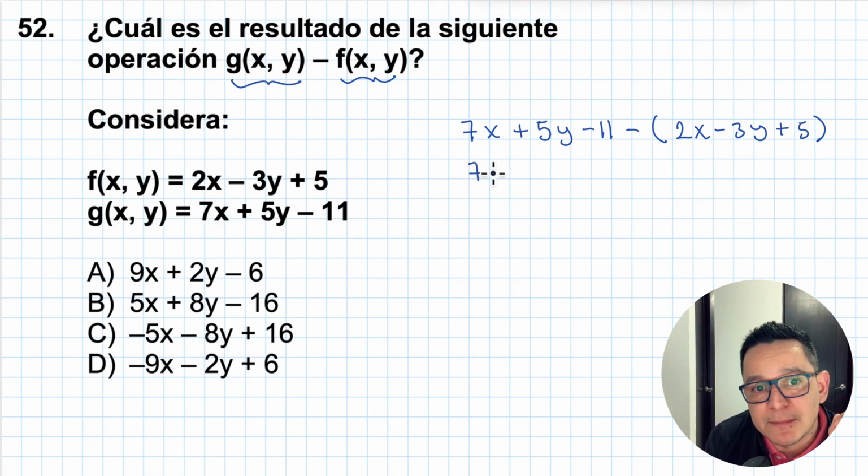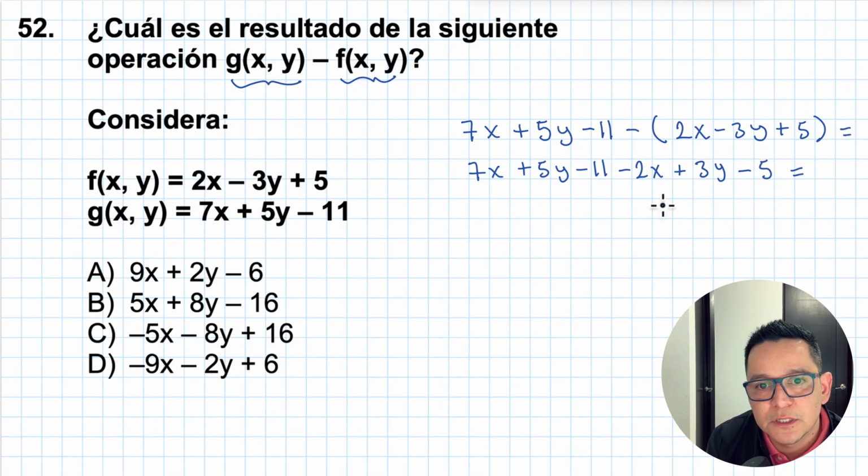For this, we're going to bring down the 7x plus 5y minus 11, and multiply these three terms by minus 1. Minus 2x would go here, then minus times minus is plus, so that's 3y, and then minus times plus is minus, so that's 5.